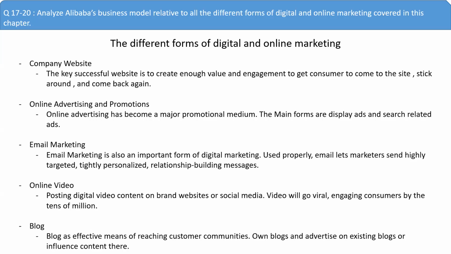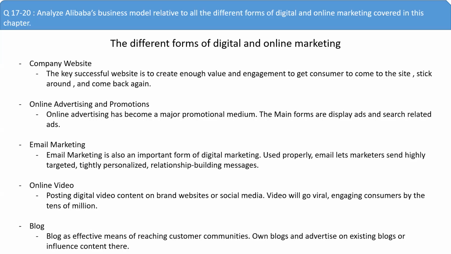Then online advertising and promotion: online advertising has become a major promotional medium. The main forms are display ads and search-related ads. Email marketing is also an important form of digital marketing. Used properly, email lets marketers send highly targeted, tightly personalized, relationship-building messages.